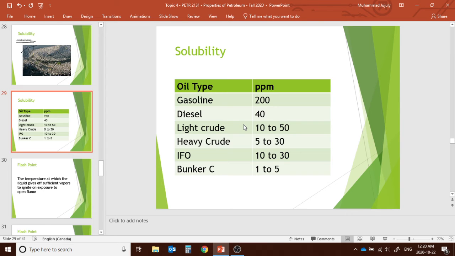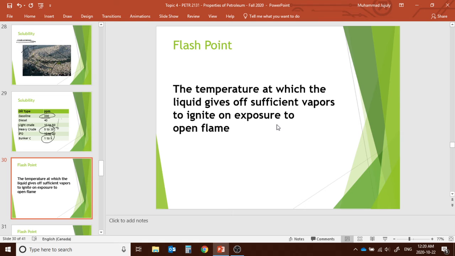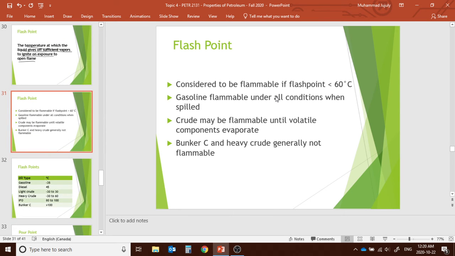Now the solubility, this is a chart. So the gasoline and the heavy crude oil, as you can see, the heavier the component, the less the solubility. Flashpoint. Flashpoint is the temperature at which the liquid gives off sufficient vapor to ignite on exposure to an open flame.